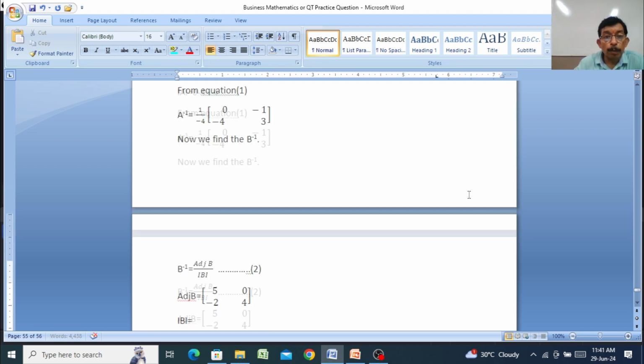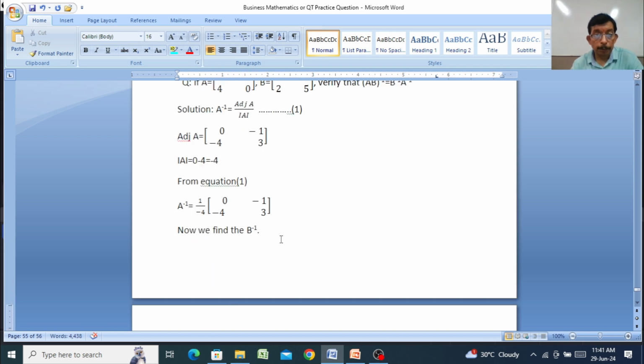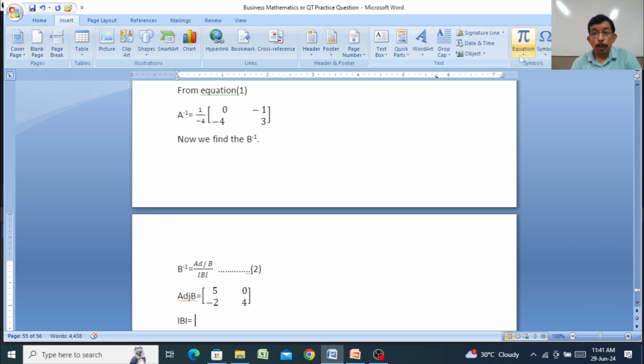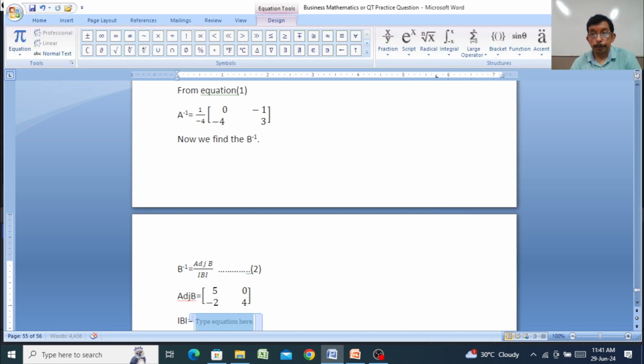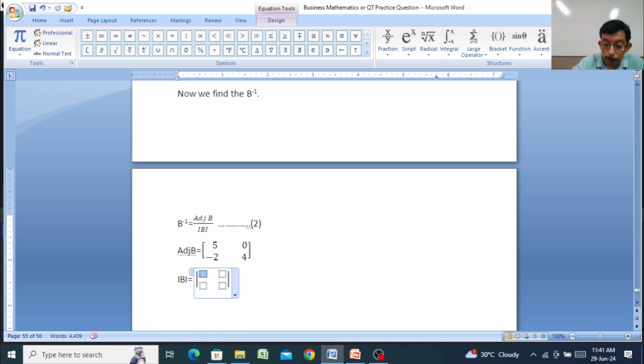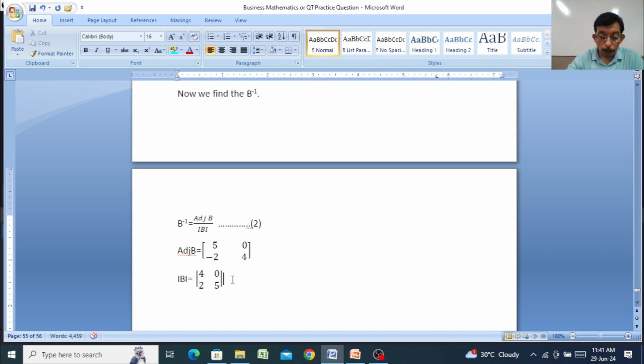Determinant of B is equal to the difference of the cross multiplication.